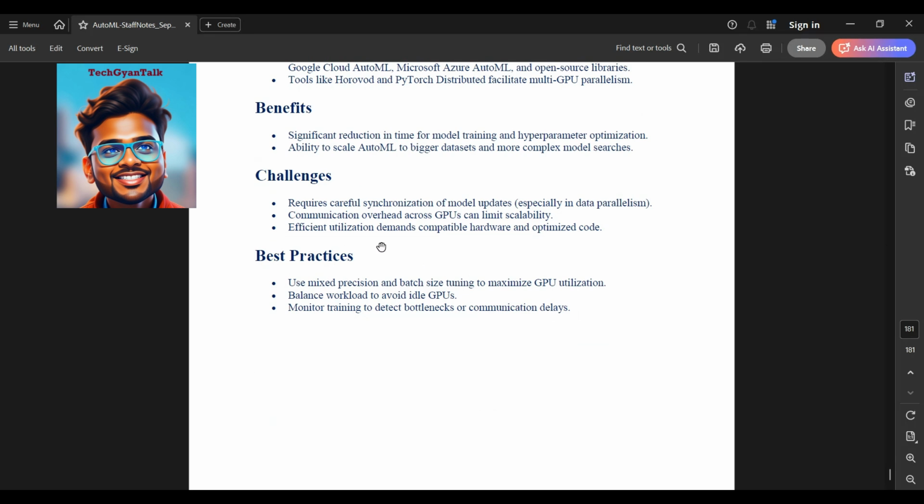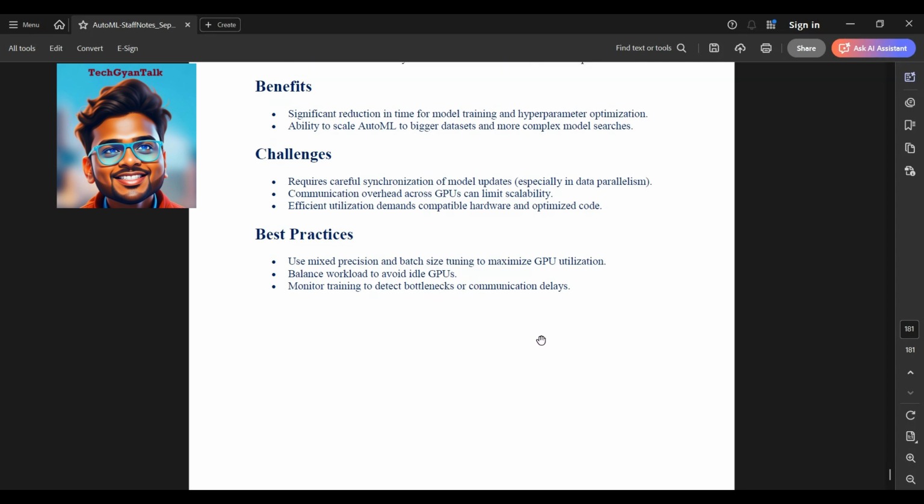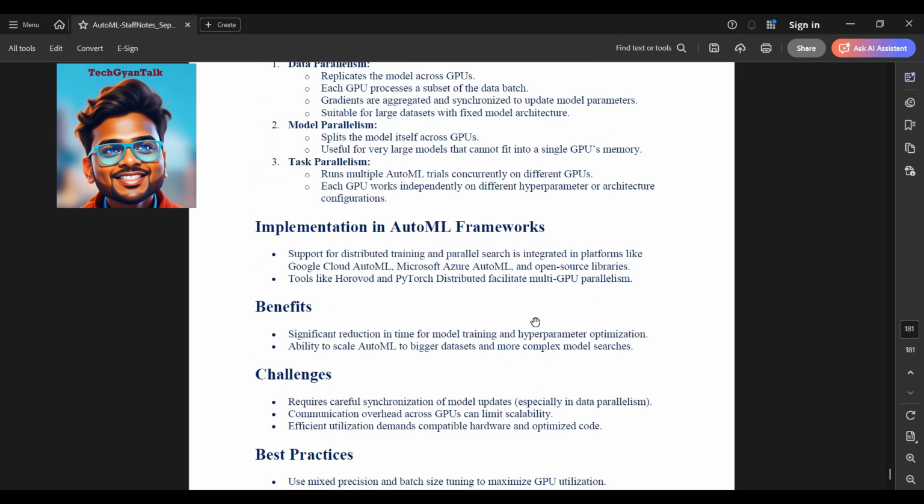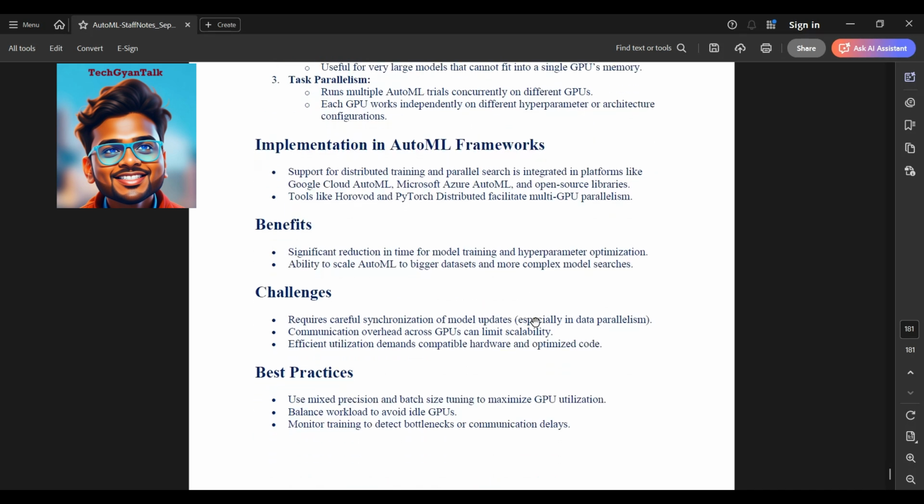Efficient utilization demands compatible hardware and optimized code. And best practices are to use mixed precision and batch size tuning to maximize GPU utilization, balance workload to avoid idle GPUs, and monitor training to detect bottlenecks or communication delays. So that's all about the parallelization of multiple GPUs in AutoML frameworks.